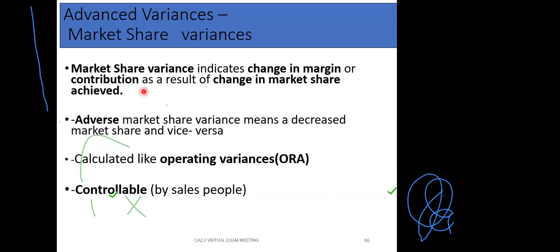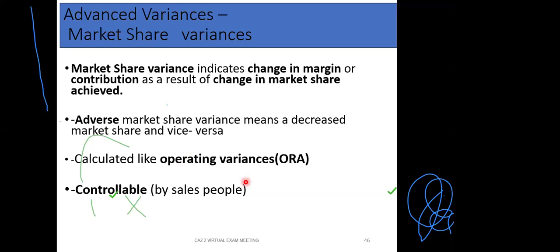The market share variance indicates a change in margin, that is profit, or contribution as a result of change in the market share achieved. A favorable market share variance means an increased market share, whereas an adverse market share variance means a decreased market share.